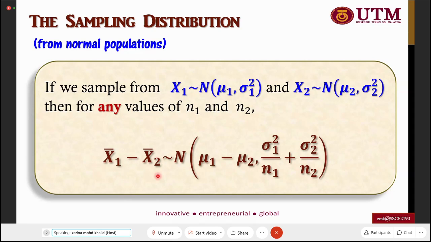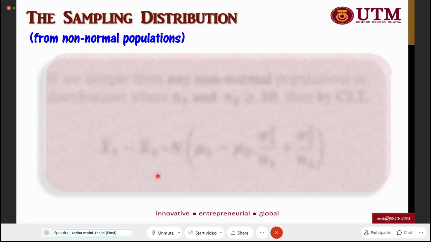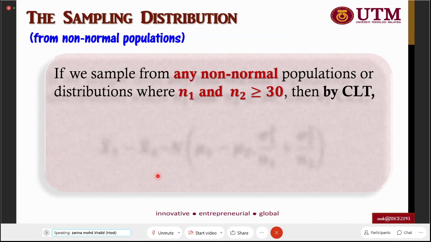Okay. What about if you sample from non-normal populations? Okay, the same idea as for the single sample mean. If you sample from non-normal distributions, then you do have to have this condition: the sample sizes are large. We don't focus on small sample sizes when we sample from non-normal populations.